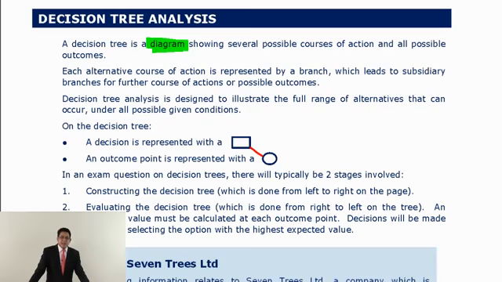In exam questions on decision trees, there are typically two stages involved. One is to draw or construct the decision tree, and second is to analyze or calculate the decision tree values. Constructing the tree is generally done from left hand side to right hand side, but it's not a hard and fast rule.